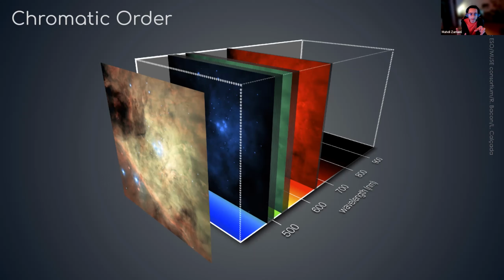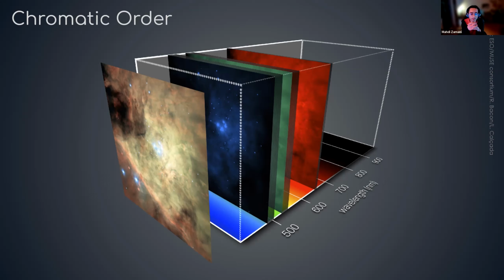So for these filters, for instance, 475 nanometers will be colorized as blue, and 625 will be colorized as red. The highest number will be colorized as red, the lowest number as blue, and the middle one as green.